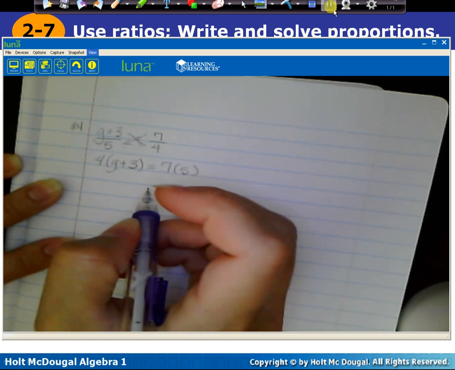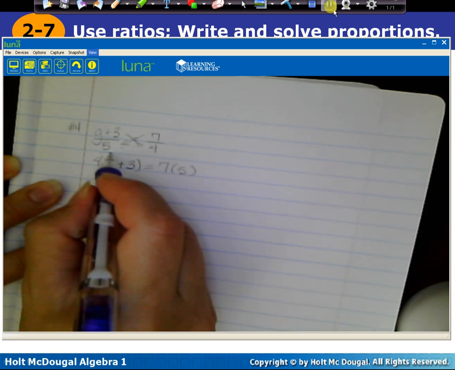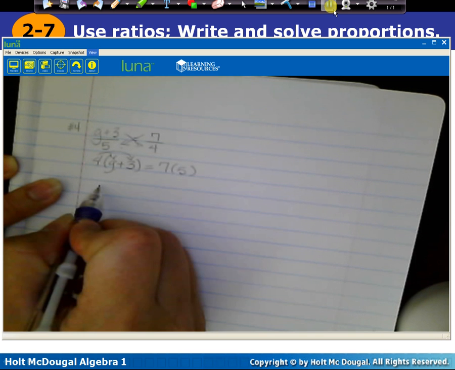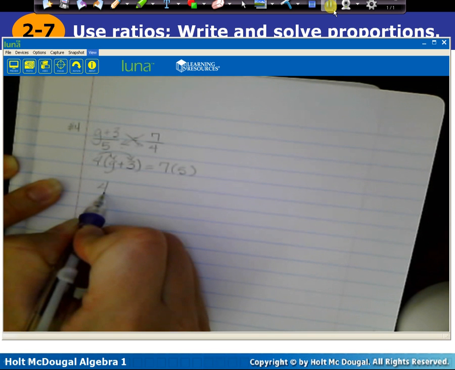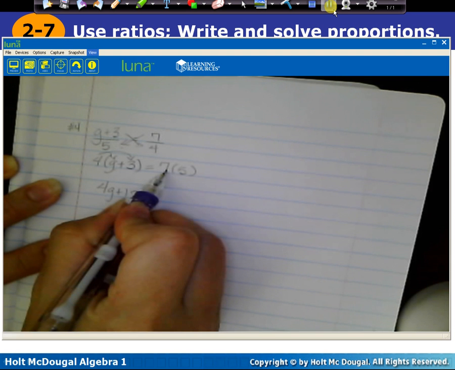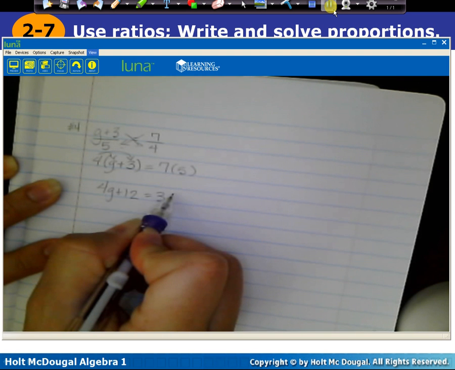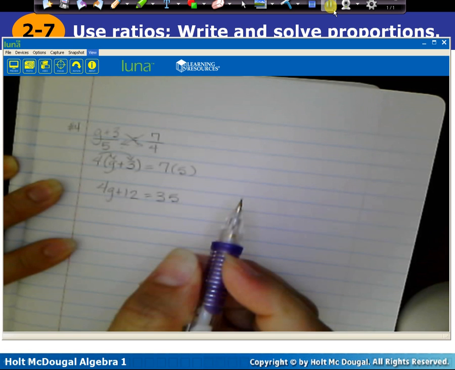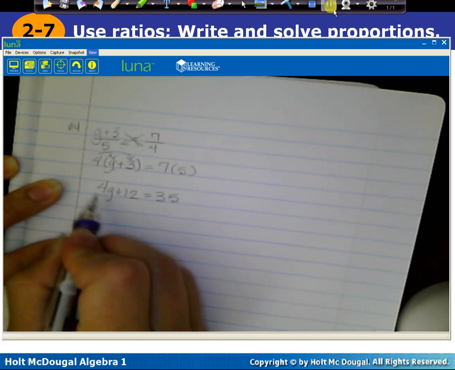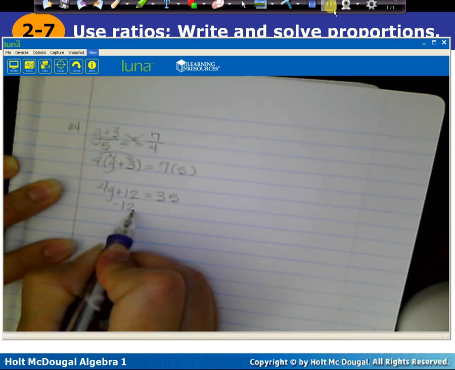All right, so the first thing we're going to do is distribute our 4 to everything inside the parentheses. So draw your arrows and make sure that you distribute your 4, which gives us 4g plus 12 equals, and over here 7 times 5 is going to give us 35. So now we're going to move everything away from our 4g, so we're going to subtract 12 on both sides.